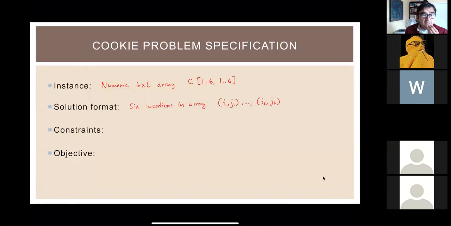What are the constraints? Well, they have to be distinct. If there's one biggest cookie, you can't take that one cookie 6 times. The locations must be distinct. And other than that, our objective is to just maximize the total amount of cookie.